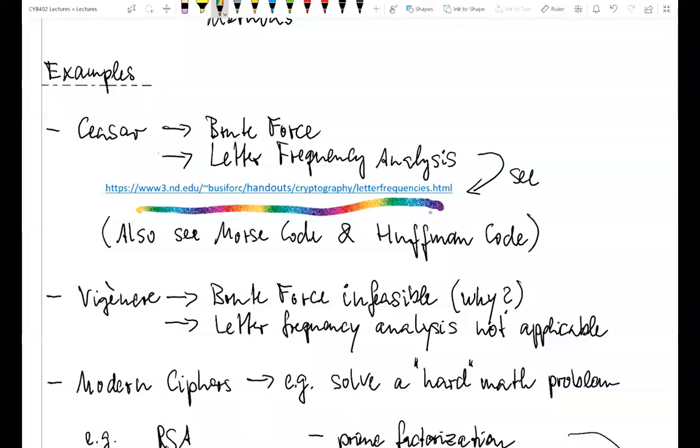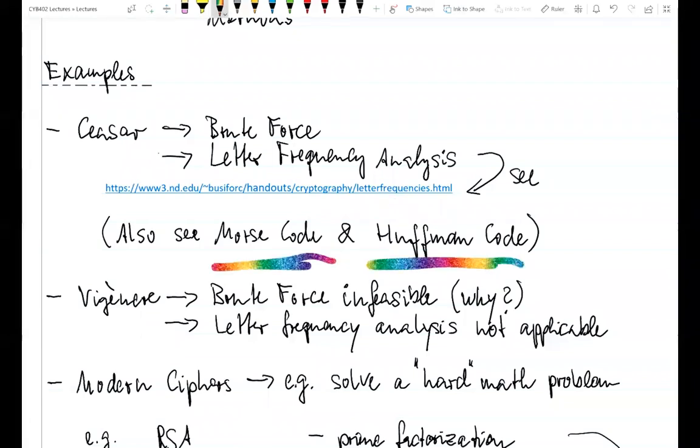So yeah, I don't want to go into Morse code and Huffman code. Huffman code is a way of compressing information, and the idea is that you give higher frequency letters shorter codes.